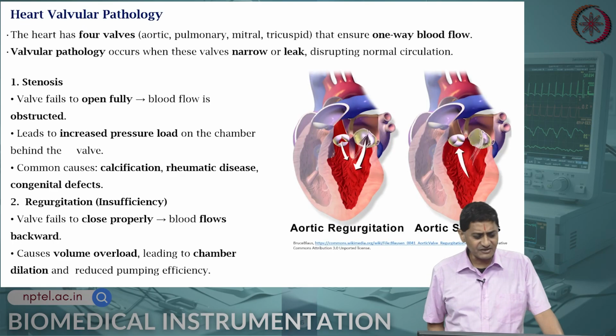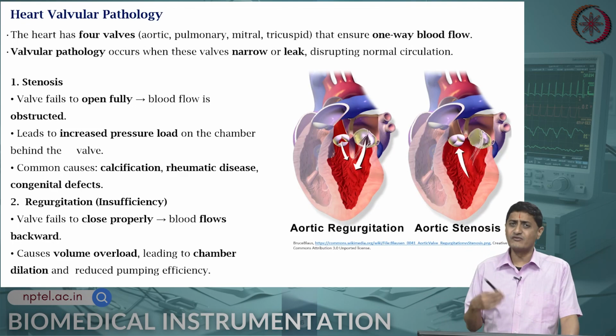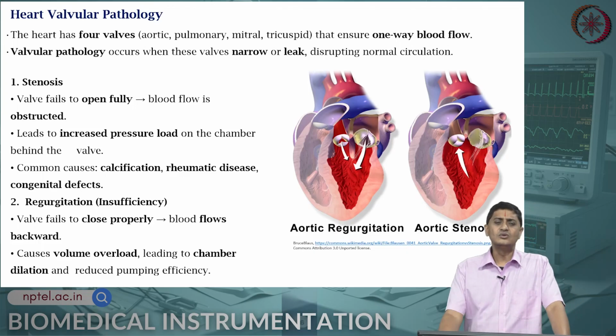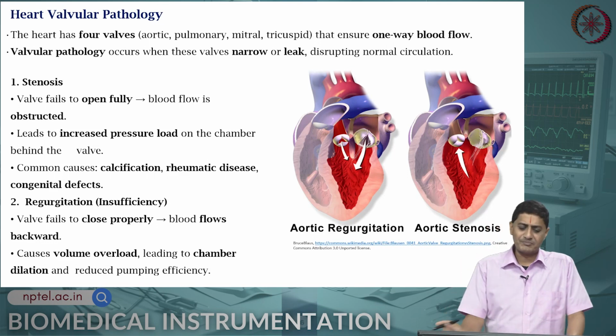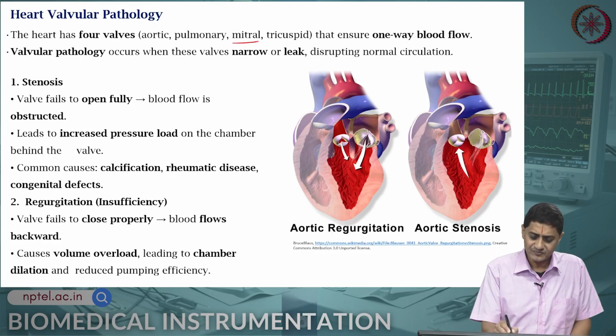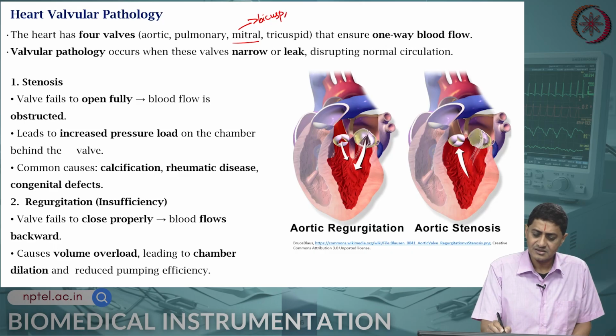What is the nature of these valves? The heart has 4 valves, 2 cuspid valves and 2 semilunar valves. The mitral valve is the bicuspid valve, is the only valve that has 2 cusps.